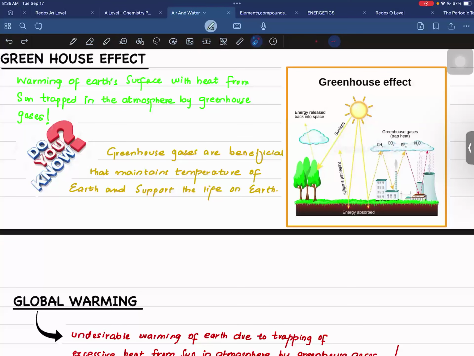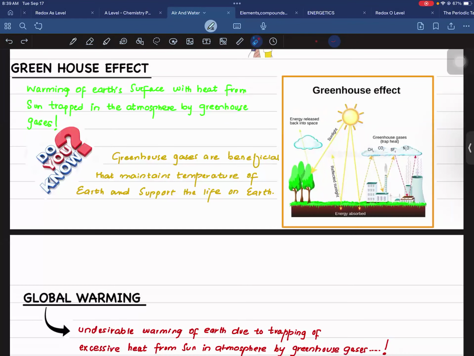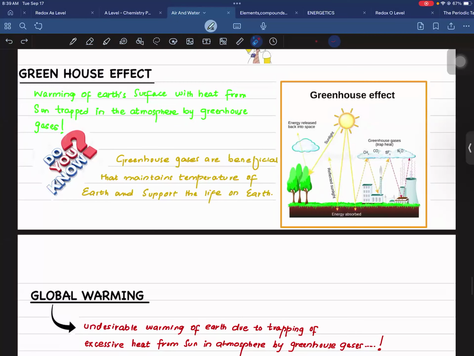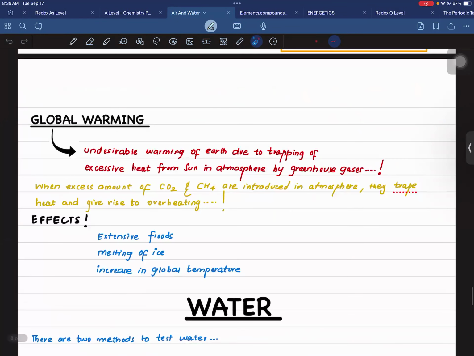So basically, greenhouse gases are beneficial: they maintain the temperature of earth and support life on earth. But an excessive amount of these gases causes undesirable warming of earth, due to trapping of excessive heat from the sun in the atmosphere by the greenhouse gases. That's called global warming.